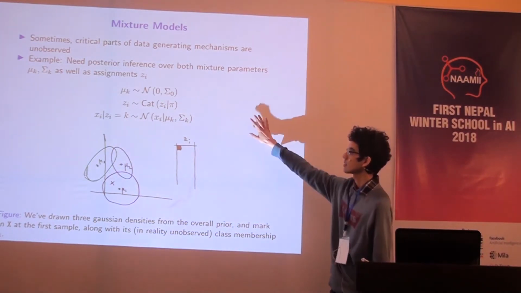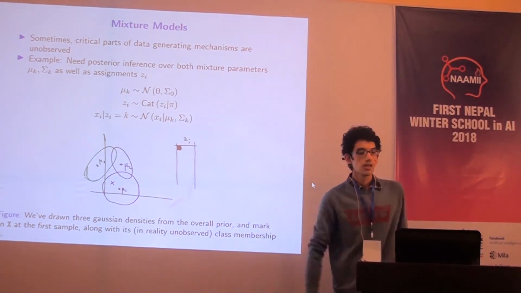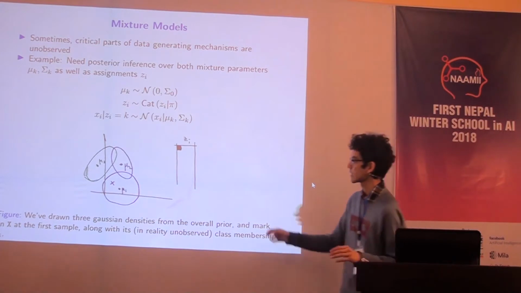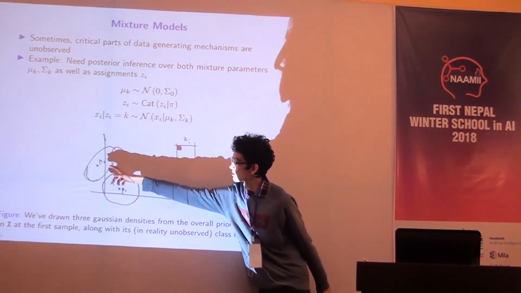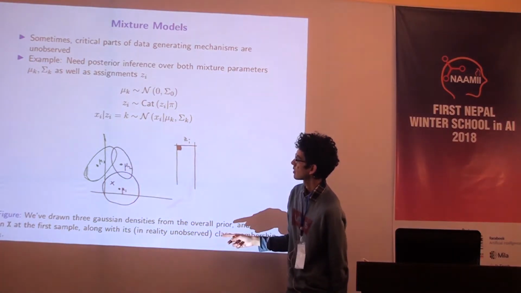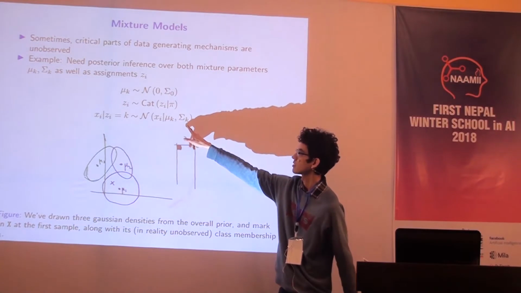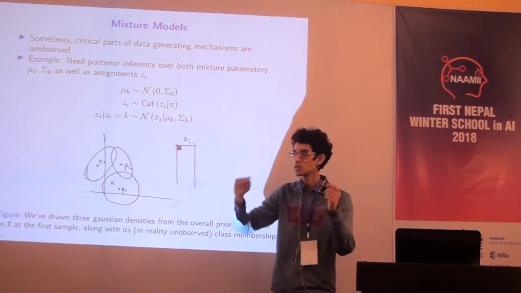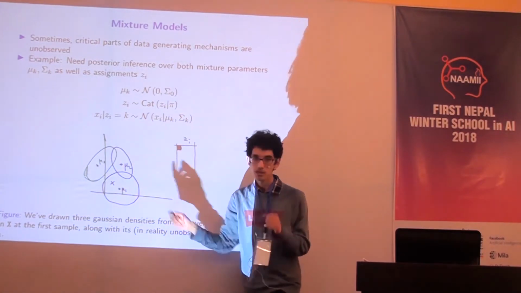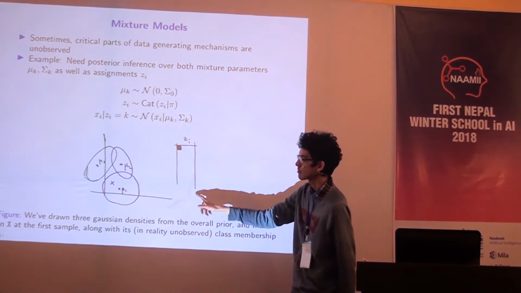OK, so this is the math, but I think it's easier to understand if you just draw a picture, right? So what's happening in the picture? First, I've drawn 3 of these mu's. So these are the 3 mu's. I'm fixing some sort of covariance for the sigma k, but I'm not actually sampling them here. I just assume that for each of these k means that I draw, I'm going to have some circle or ellipse, right? Zi is going to be this big matrix.